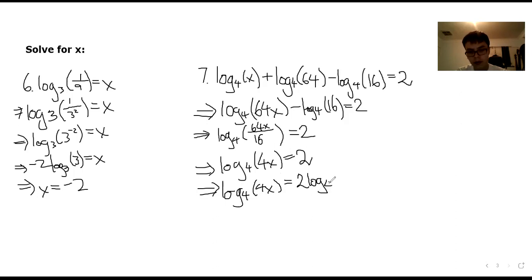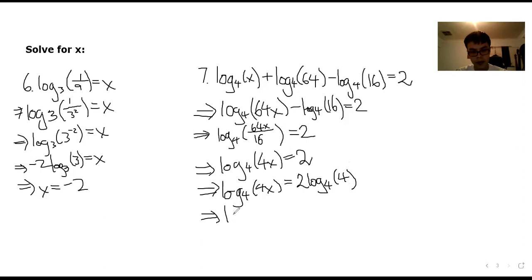So we have 2 times log 4 to the base 4, and then we bring this 2 up as a power.